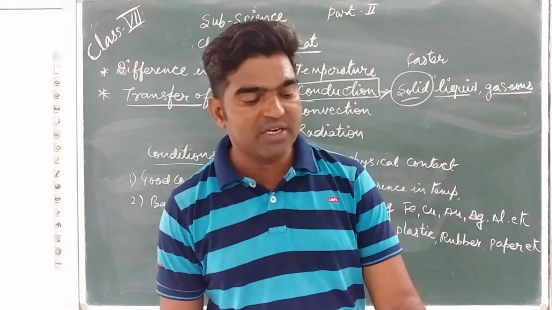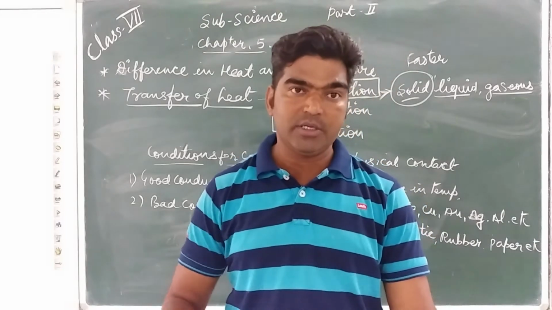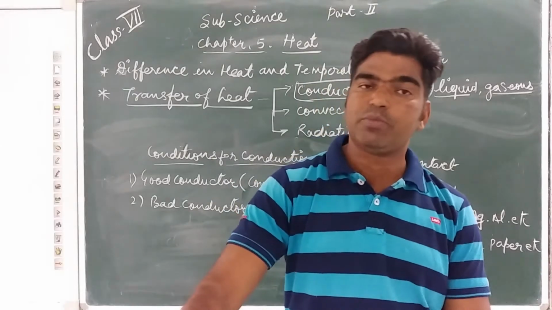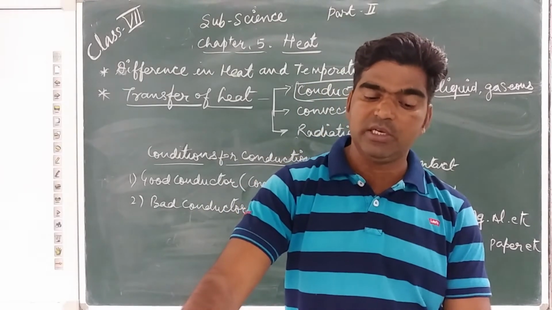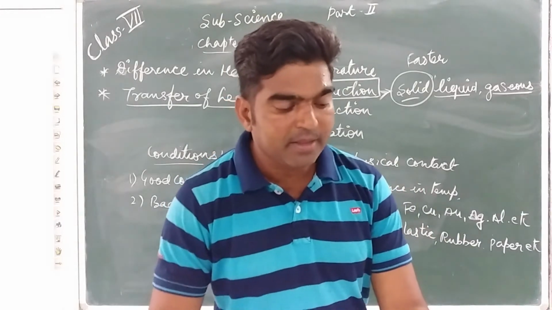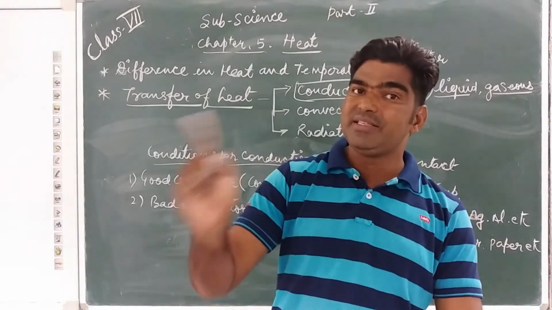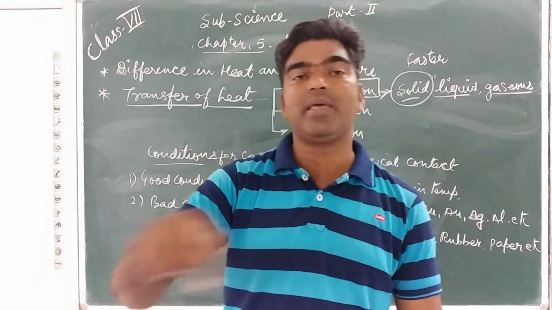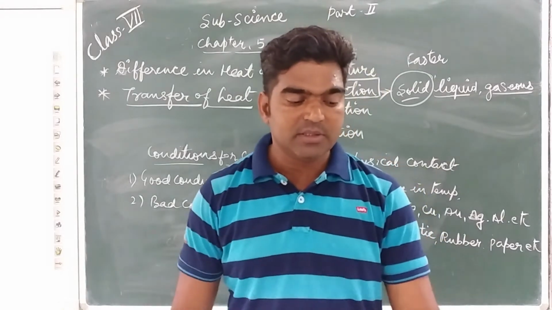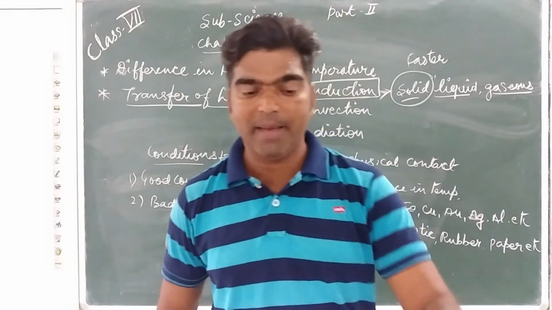The heating pad of an electric iron is made up of iron and steel. इलेक्ट्रिक आयरन के हीटिंग पैड में भी अपन स्टील या कोई कंडक्टर यूज करते हैं, because उसमें हीट आसानी से पास हो जाए. Whereas we use the insulator for making the handle of that iron, that is made up of plastic like bakelite.